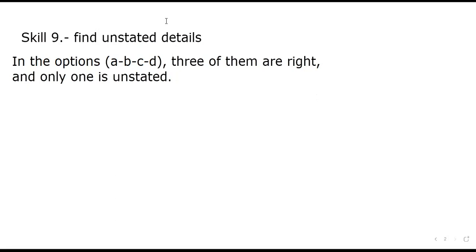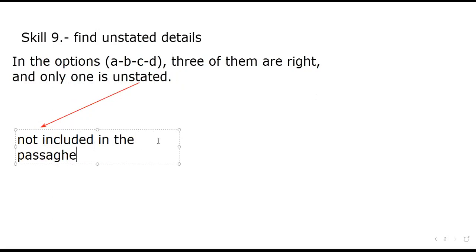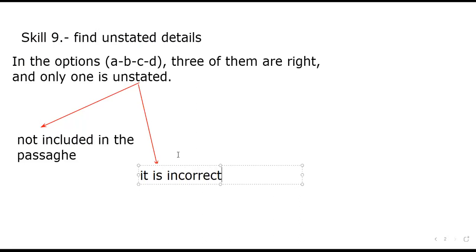I have this: not included in the passage. It is incorrect.